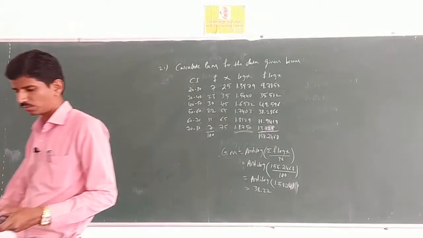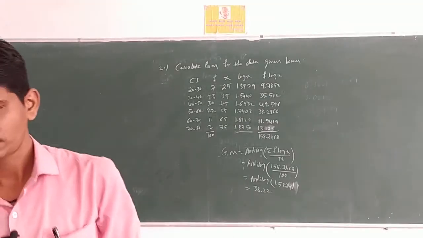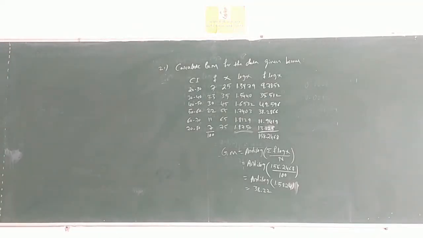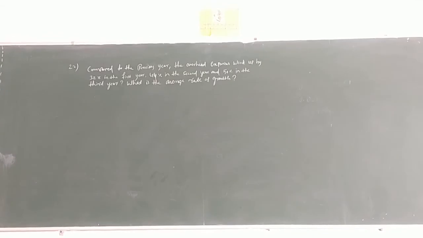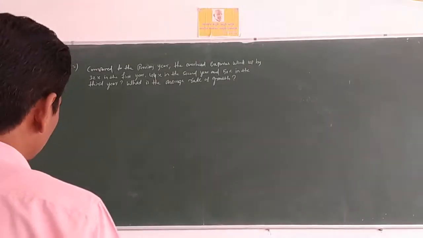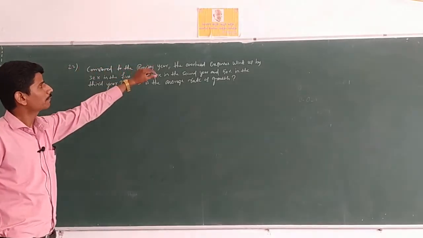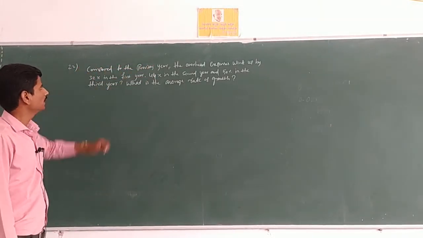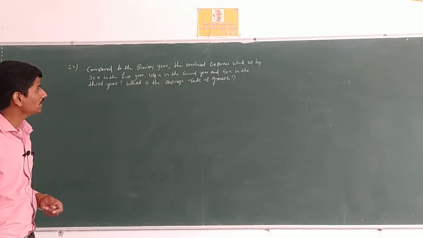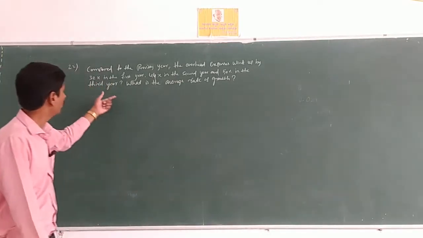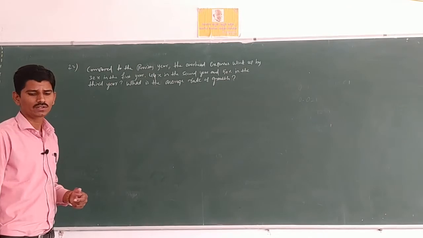Okay, the next problem, the 22nd. Compared to the previous year, the overhead expenses went up by 32% in the first year, 44% in the second year, and 50% in the third year. What is the average rate of growth?